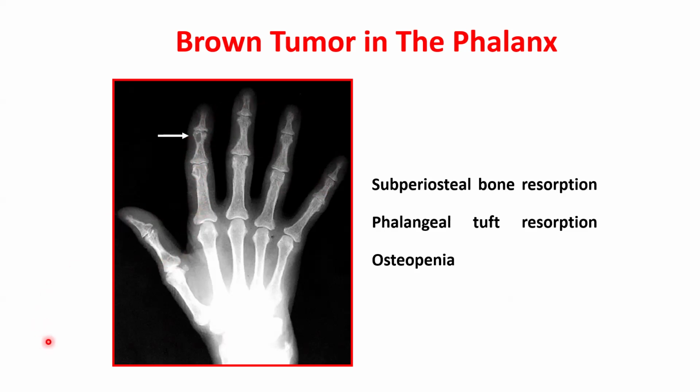Just by using a technique called DEXA scan or dual energy X-ray absorptiometry, you can distinguish between osteopenia and osteoporosis. But here on plain X-ray, the radiologist will only be able to tell you osteopenia, meaning decreased bone mineral density. It's not possible to diagnose osteoporosis by plain X-ray, okay?